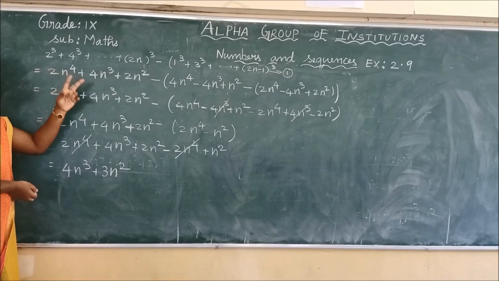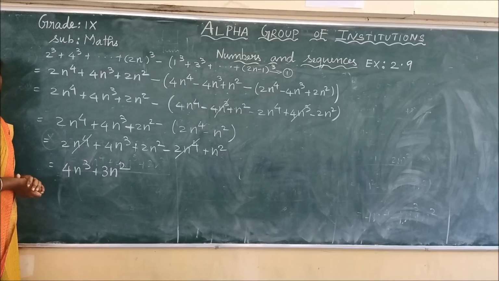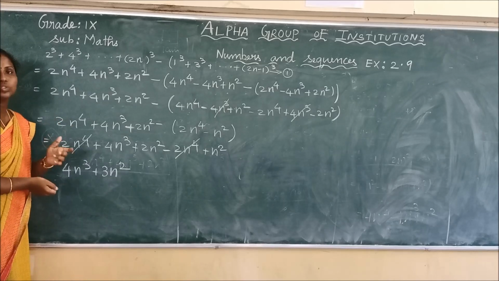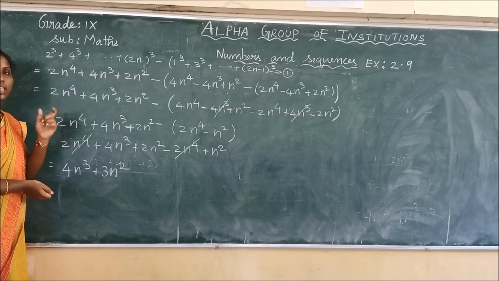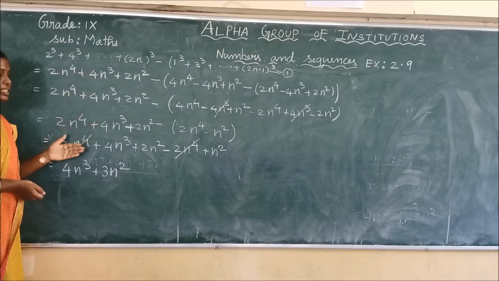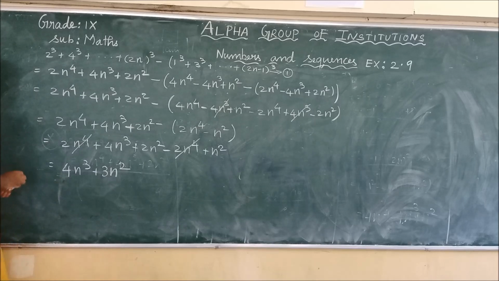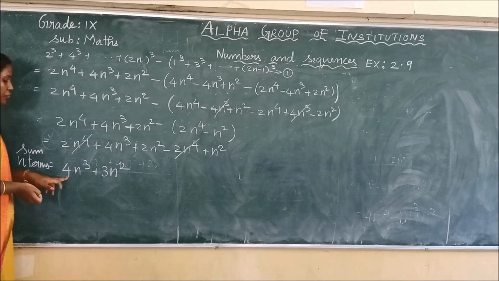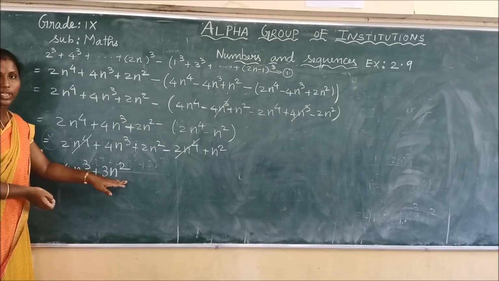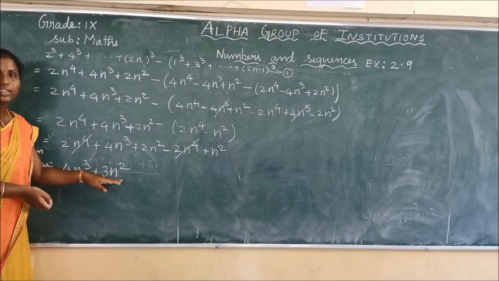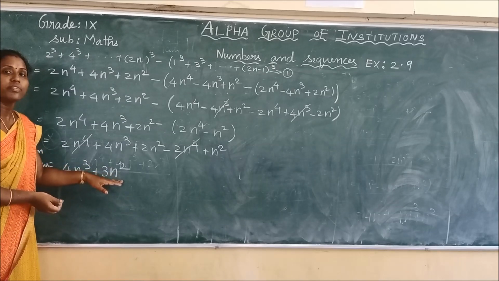They gave the series and asked for the sum up to n terms. To solve the first subdivision, we created the general nth term, solved for the nth term of the given series, and we got the sum up to n terms equal to 4n cube plus 3n square. In the second subdivision, we have to find the sum of 8 terms.